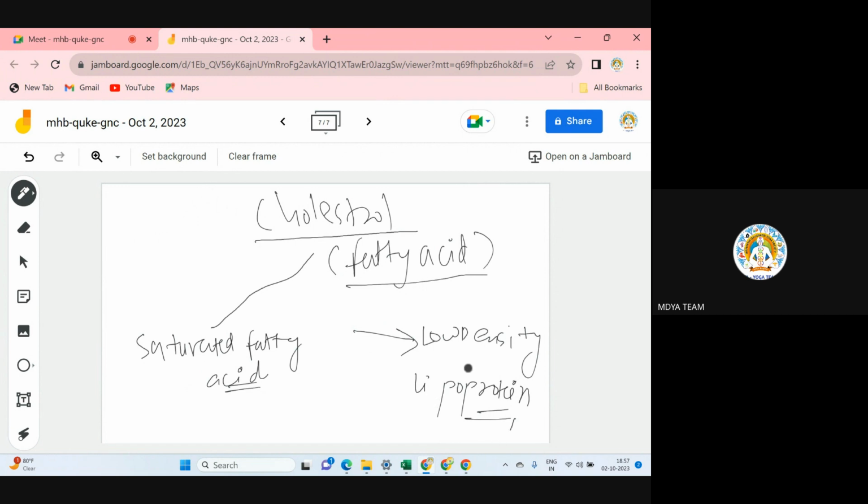Again, I am repeating what happens if this cholesterol is made up of saturated fatty acid. Then the lipoprotein used for transportation of this cholesterol will be low density lipoprotein.